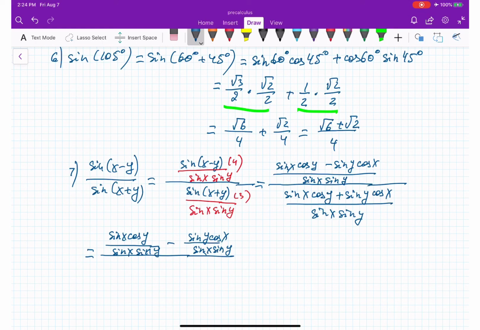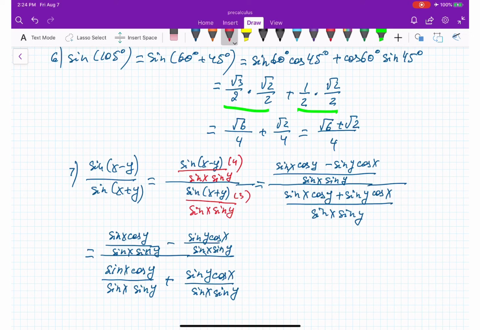Same thing in the denominator: sine x cosine y over sine x sine y, all right, plus sine y cosine x over sine x sine y.